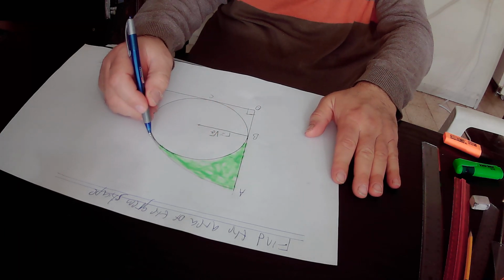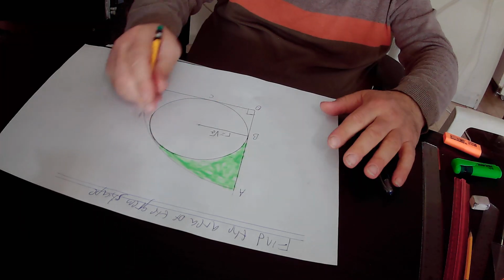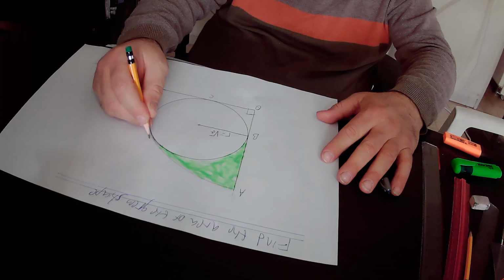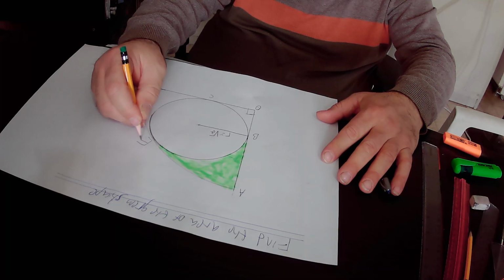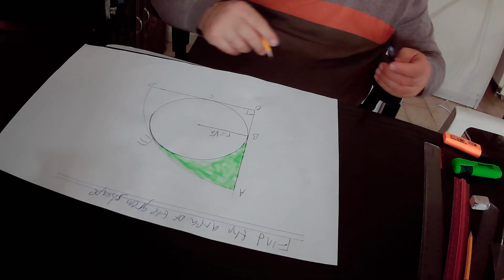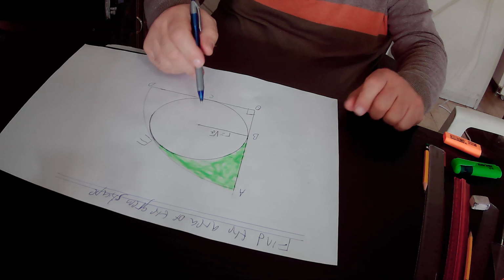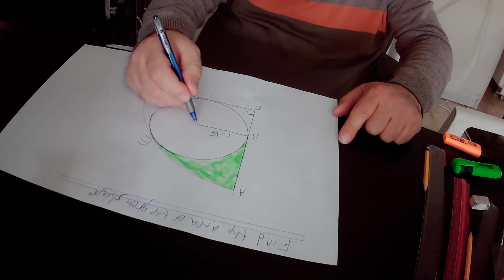We define the touching point as E. And finally, we define the center of this small circle, this point, as F.